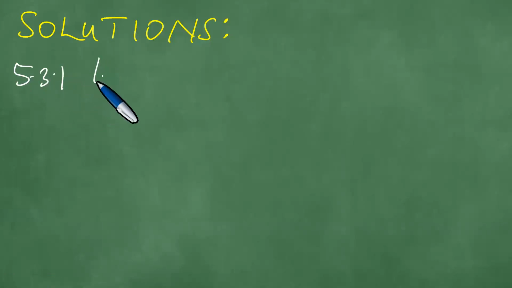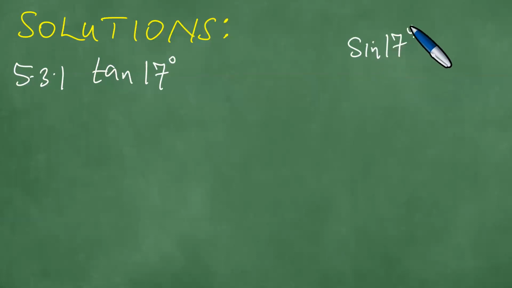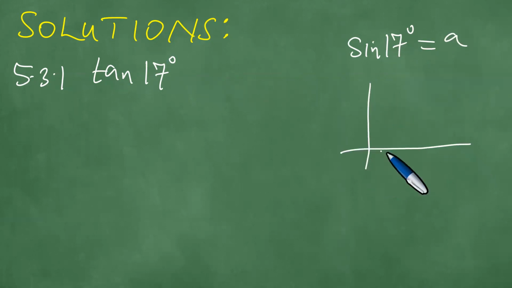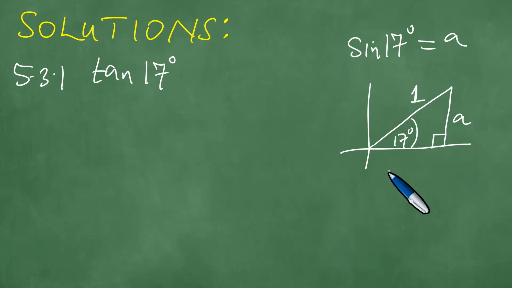We know that the sine of 17 degrees equals A. If this is 17 degrees, the sine is opposite over hypotenuse, and it remains to find the other side.